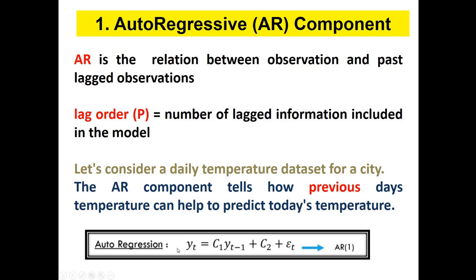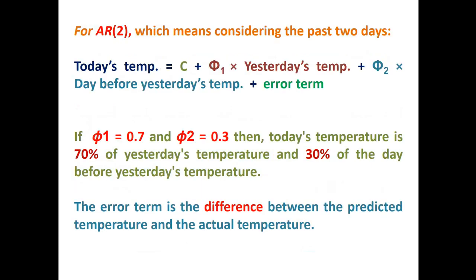So mathematically you can write it, auto-regression Yt is equal to C1, that's a constant, multiplied by the earlier Yt minus 1, and plus C2 plus error. This is what we have discussed earlier also. Now AR in brackets 2 means that we are considering the past 2 days.